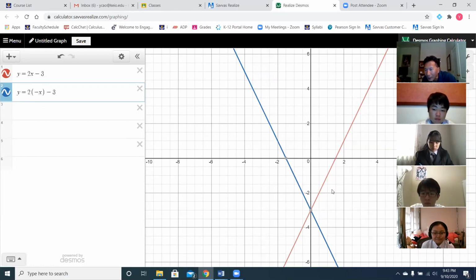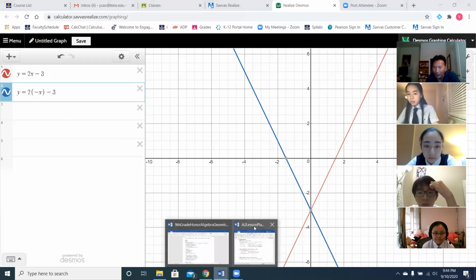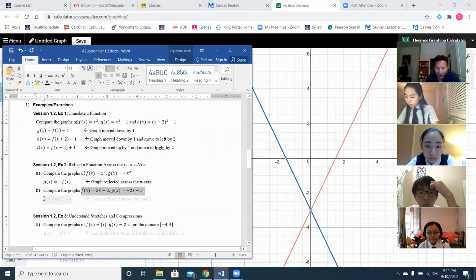Who's talking? Kia. Okay, great. Good work. You see the original graph. You replace x by -x, and the curve is going to flip over across the y-axis. So that's what we're going to say here.